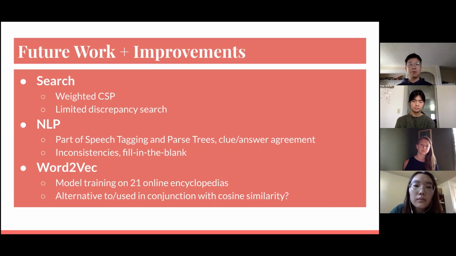It means that if we assign a value to a variable that's not going to work out for the crossword puzzle, we will waste a lot of time searching through the search tree that's not going to come out with a solution for our problem. Therefore, we think a limited discrepancy search would be a way to solve this kind of problem.